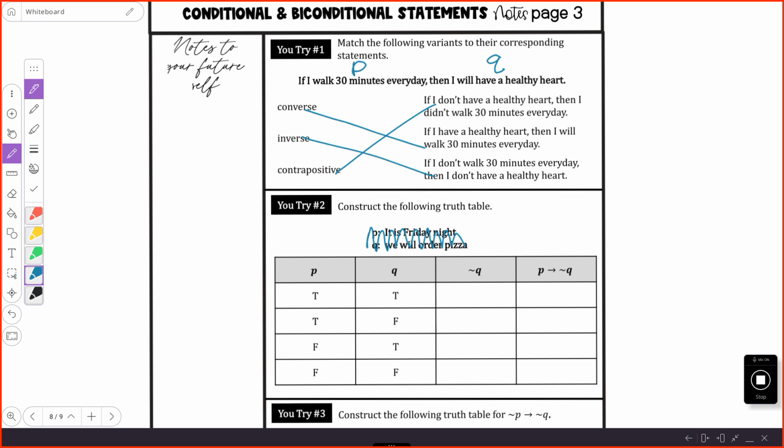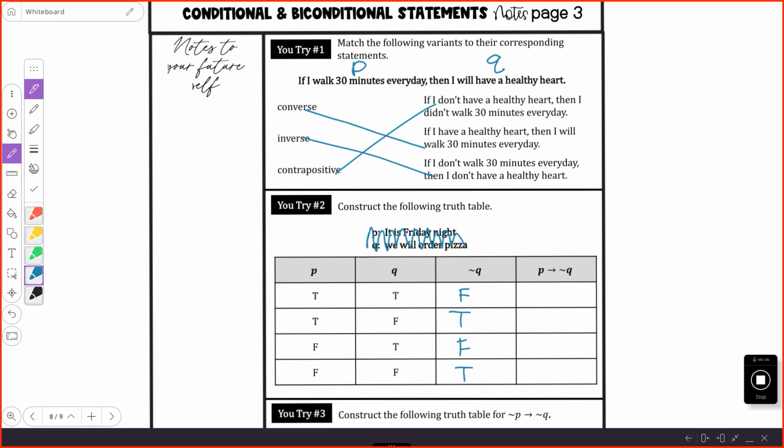But first thing I need to do is just negate Q. So if Q is true, then negate Q is false. And if it's false, it's true. So false, true. Okay.